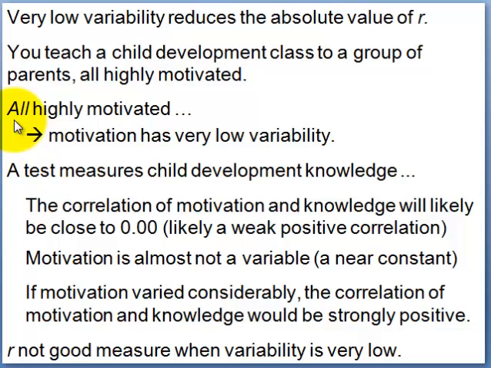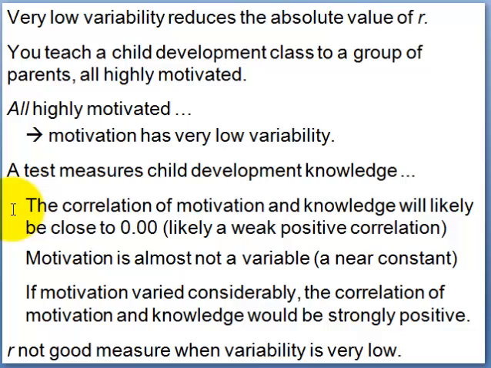Now, you have an outcome measure to measure perhaps learning or knowledge in child development. And what you want to do is look at whether there is a relationship, and if so, how strong is the relationship between level of motivation and, say, score on the knowledge test? It's almost assuredly the case that the correlation you compute between motivation and knowledge will be fairly close to zero.